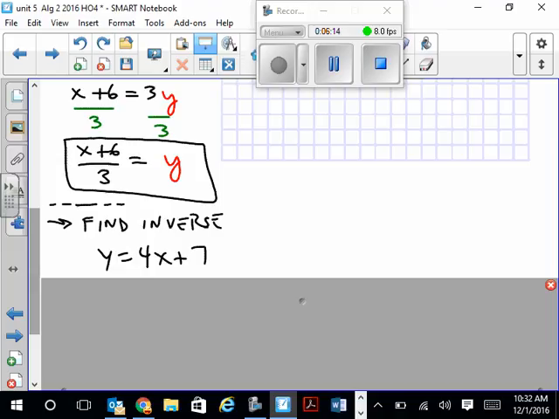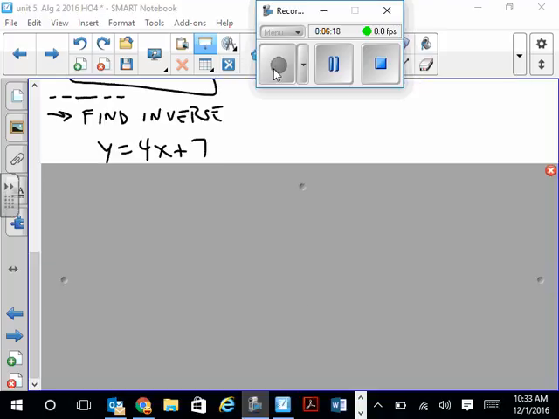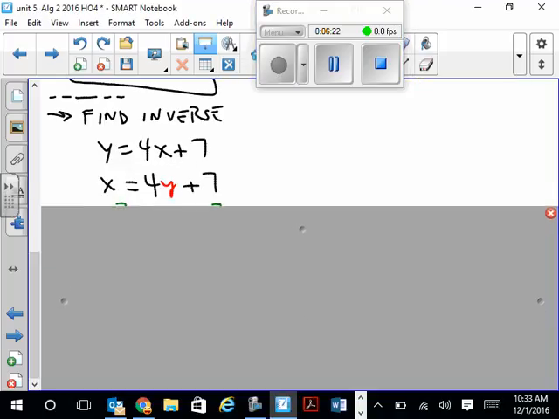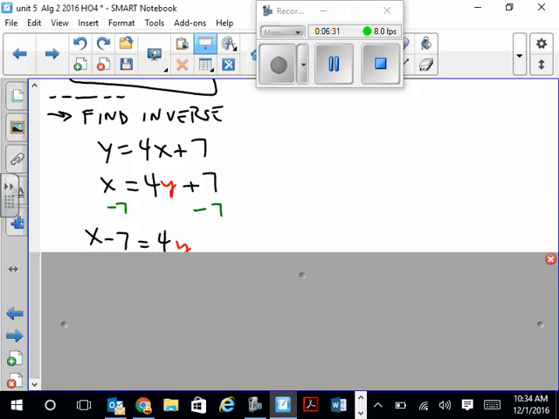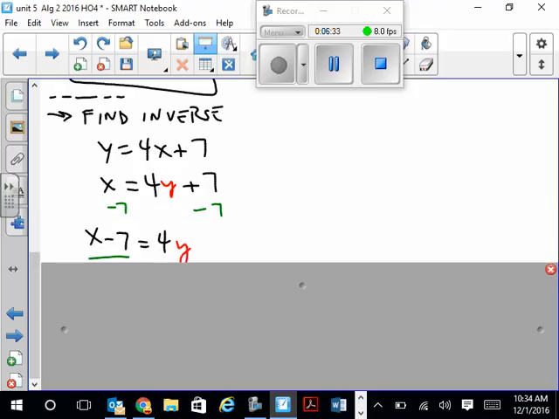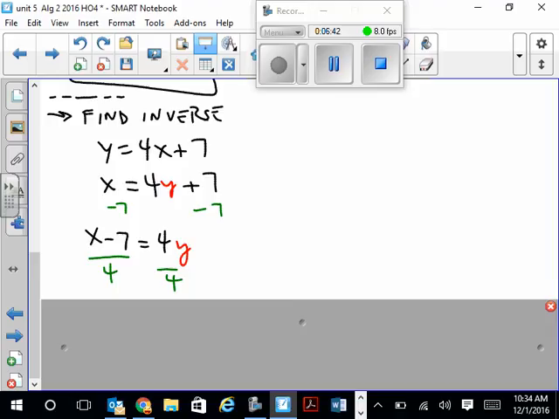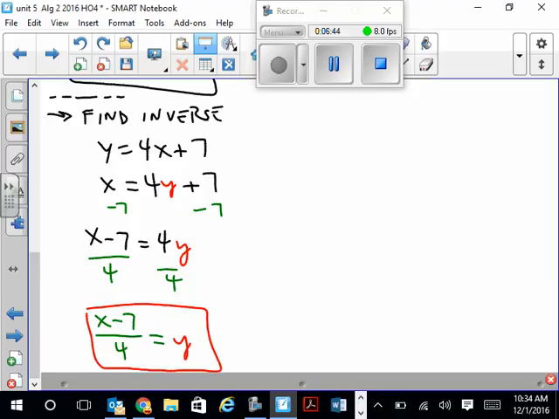Just like on the board, change it to a y, and then see if you can find the inverse of that. This is page 22, and we're looking at C, the second part.